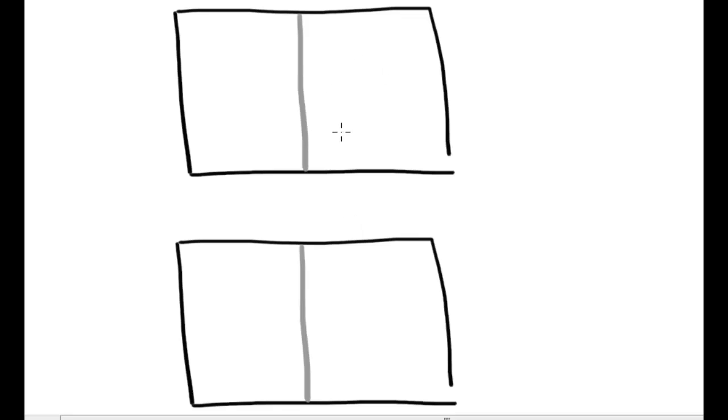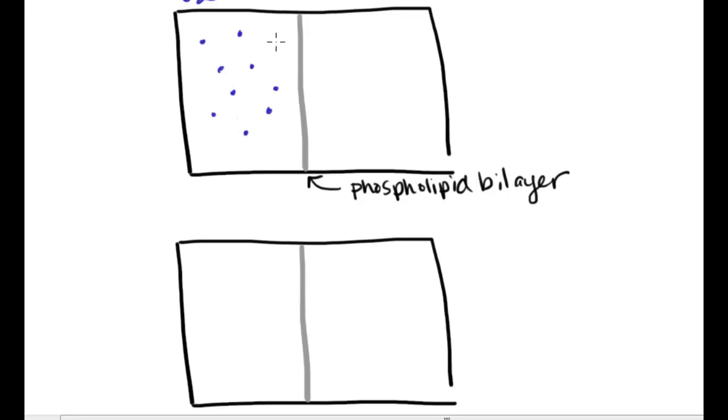Now let's imagine that my two sides are separated by a membrane, like a phospholipid bilayer. And I start off with a bunch of O2 molecules dissolved in water on this side of the box. So if I leave this for long enough, what's going to happen?